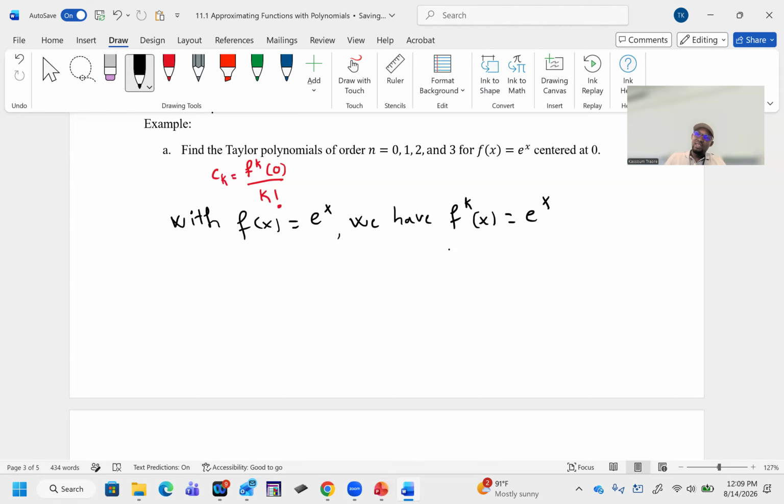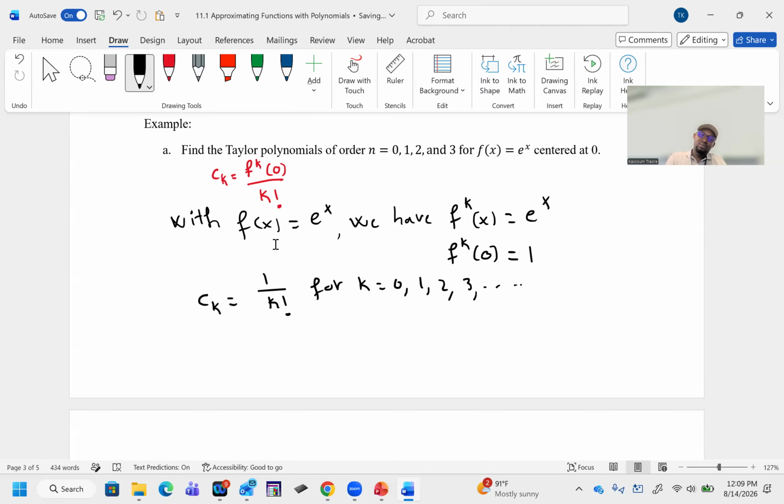And we can see the kth derivative of f of 0 will always be 1. So this is just to show you, you can do it step by step, but my c sub k will be 1 divided by k factorial for k is equal to 0, 1, 2, and 3, and so on.